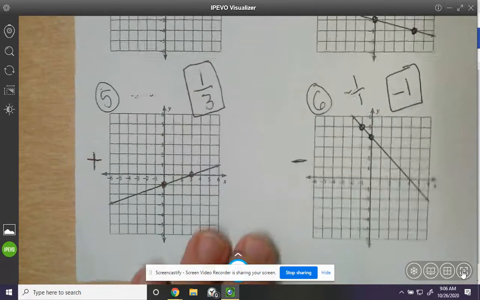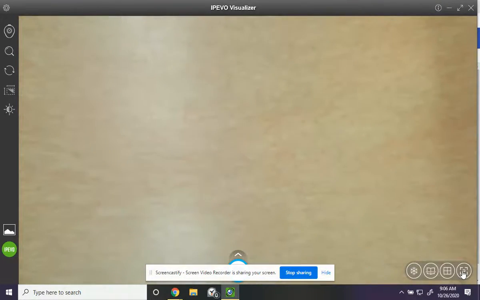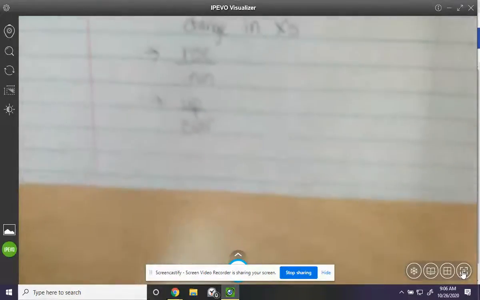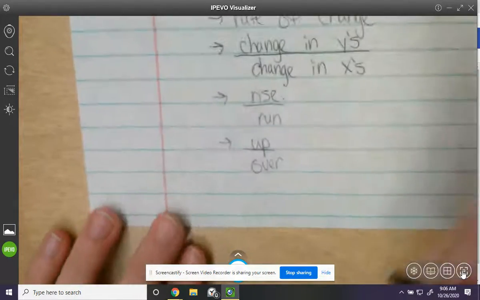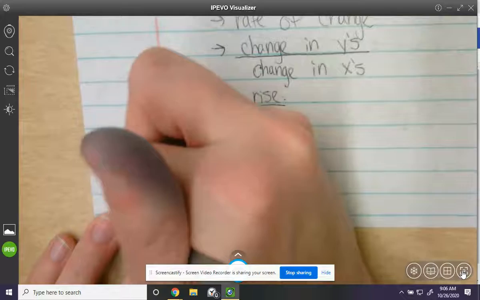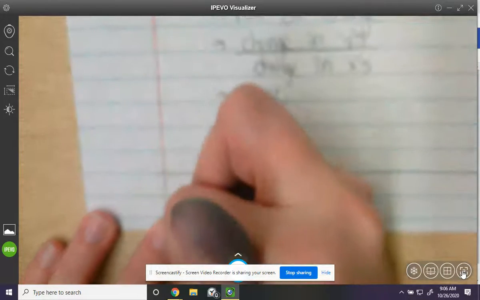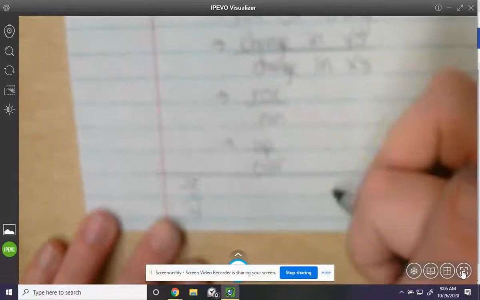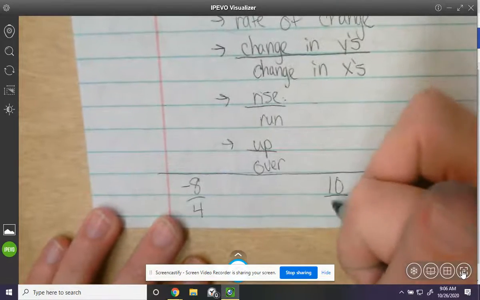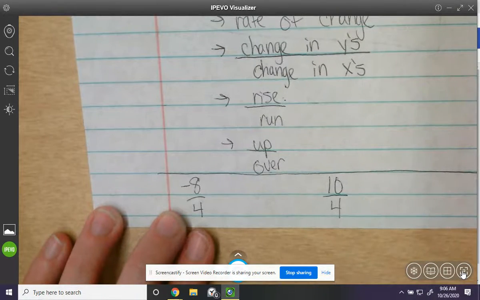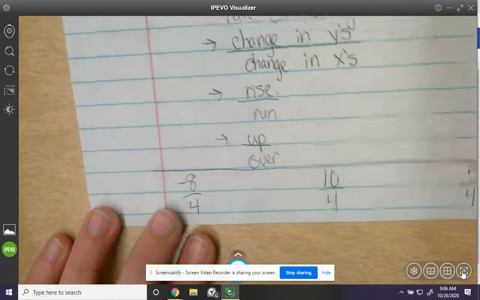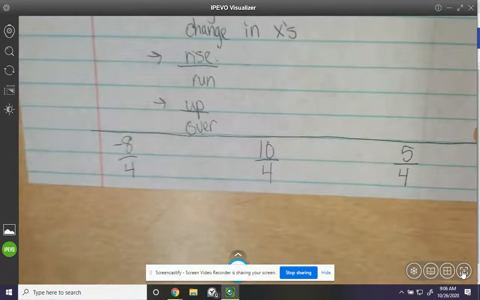One more thing that I want to talk to you about: simplifying fractions. Okay, whenever I tell you to simplify, let's talk about these three. Simplify does not mean turn into a mixed number.